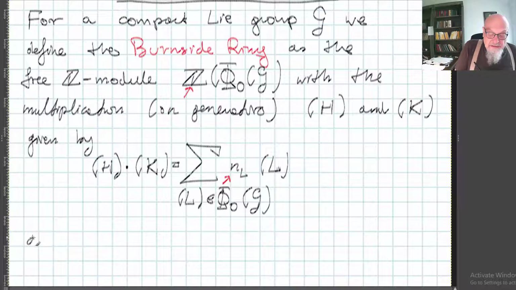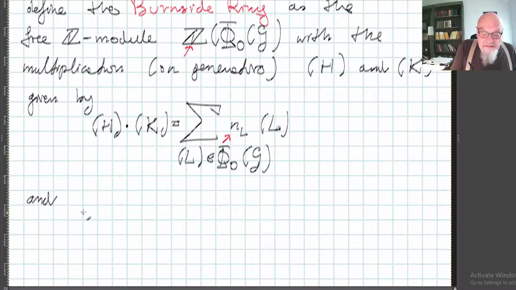And here the number NL is equal to the number of the orbit type.